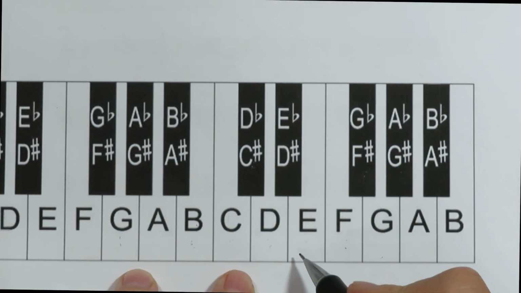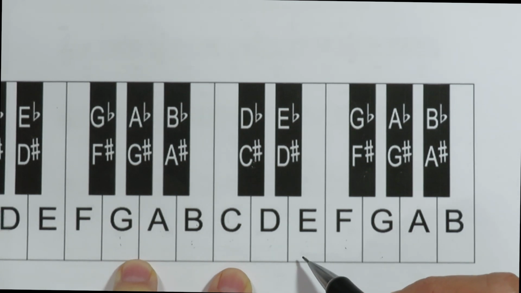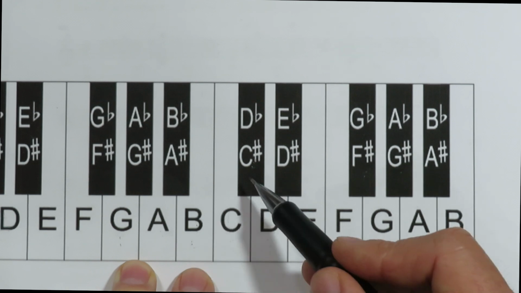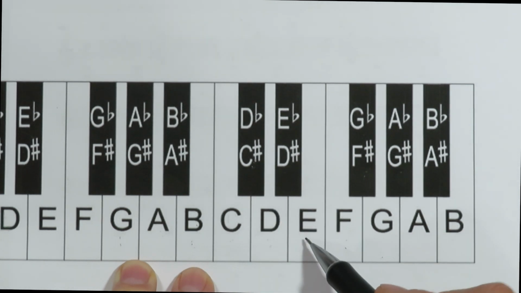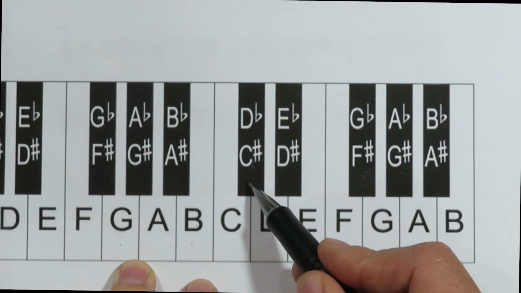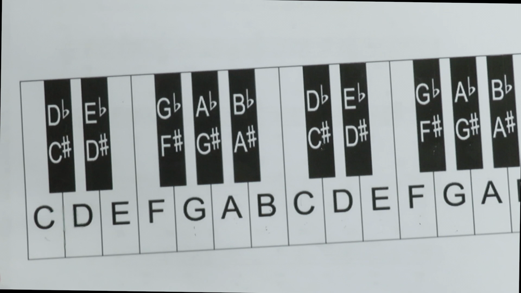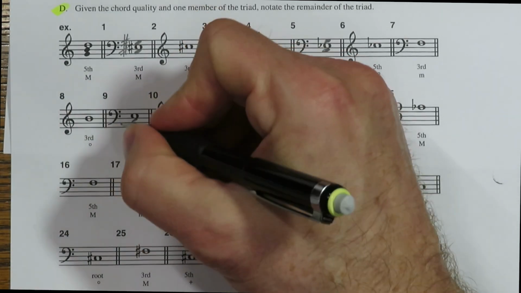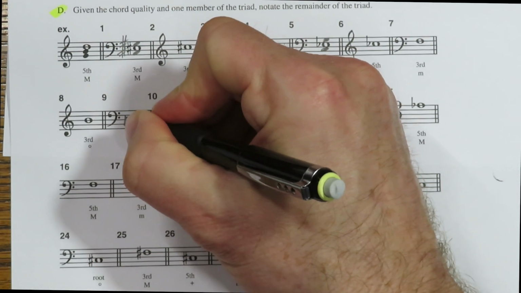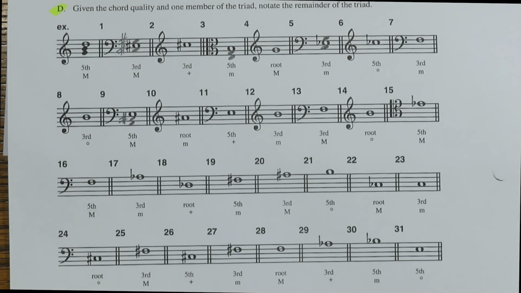A, C, E would be the A minor triad, right? And if we go A, C sharp, E, it would become major. We have the major third, 2 whole steps away, and a minor third, 1, 2, 3 half steps away. So all we have to do is sharp the C. Okay?